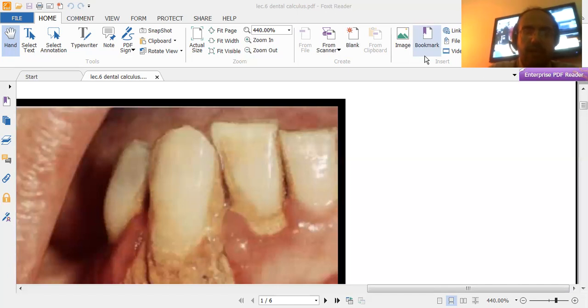Difference between the composition of the subgingival and the supragingival calculus. The composition of the subgingival calculus is similar to that of the supragingival calculus, with other differences. It has the same hydroxyapatite content, more magnesium whitlockite, and less brushite and octacalcium phosphate.